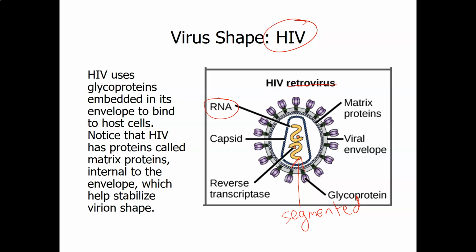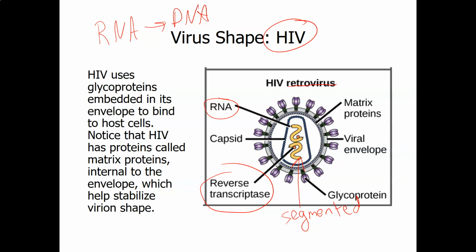And with it being a retrovirus, the RNA core is actually converted to DNA. And that's the opposite of transcription. So it's the reverse of transcription. RNA is converted to DNA by reverse transcriptase, and then the DNA is converted into messenger RNA for transcription, and the messenger RNA undergoes translation to produce the protein.